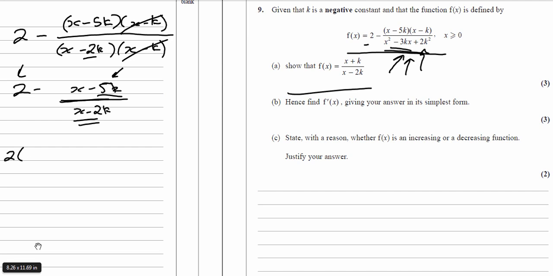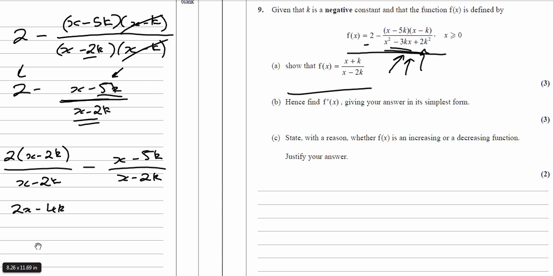It's going to be 2 lots of x minus 2k over x minus 2k, then take away x minus 5k over x minus 2k. Now if we sort out this left hand side, we're going to have 2x minus 4k over x minus 2k minus x minus 5k over x minus 2k.